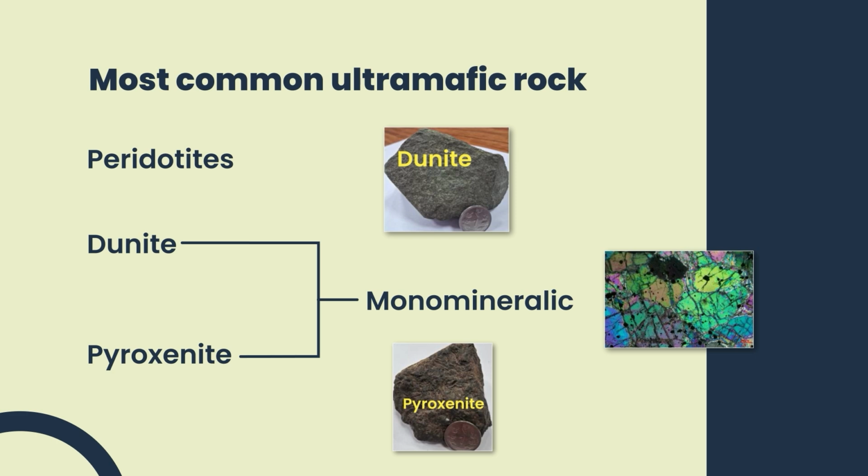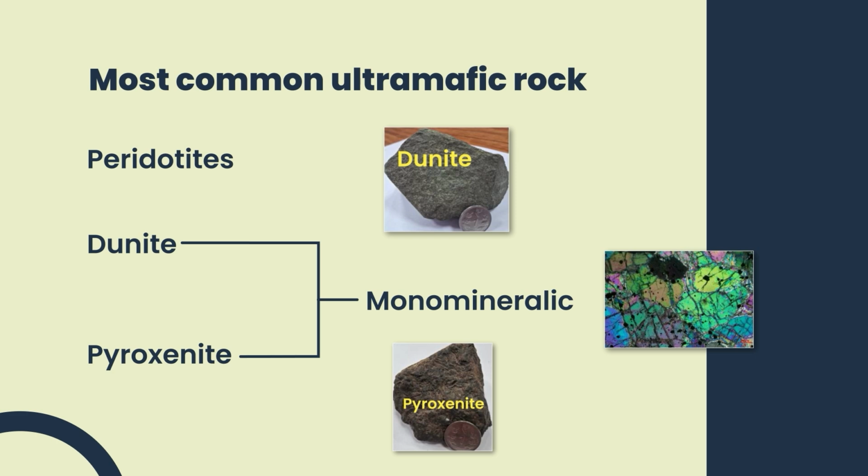Dunite, you can see the photomicrograph of dunite on the right hand side, which is showing colored grains of olivine, the thin section observed under crossed nicols, and on the other side you can see a hand specimen of dunite, and it is green in color. This green color is because of the presence of olivine. Olivine being olive green in color, it imparts green color to dunite.